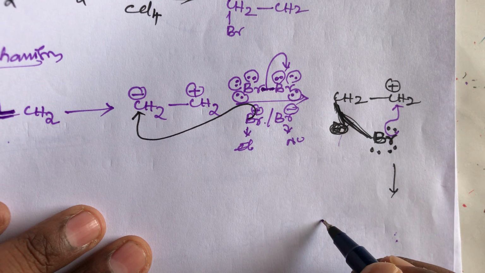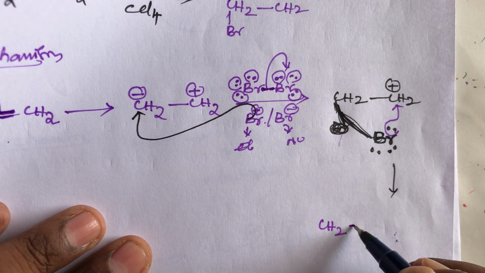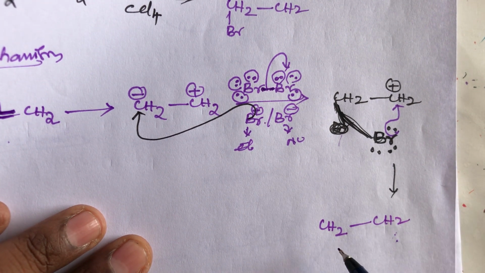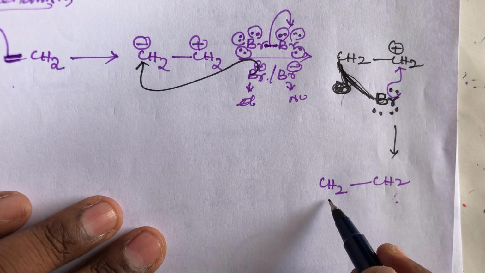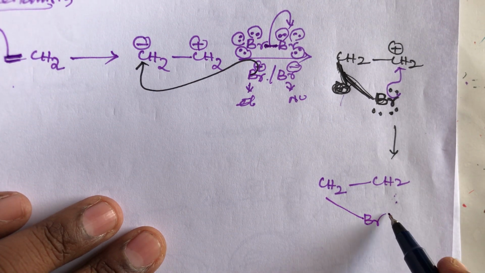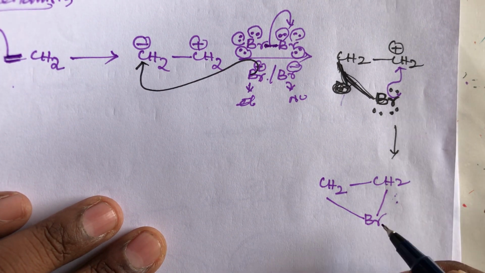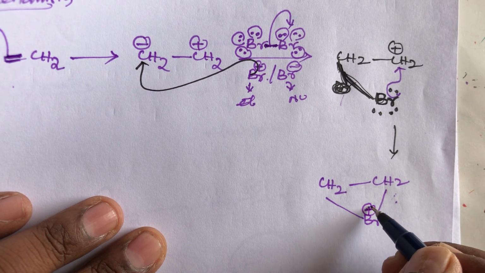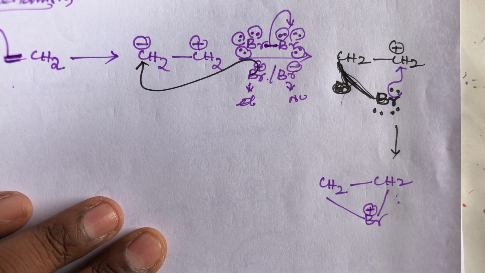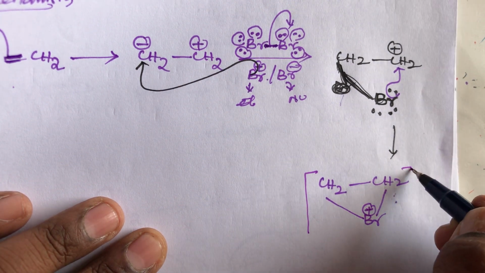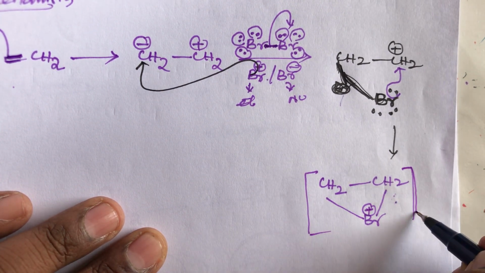We get the final intermediate product, CH2-CH2 with Br bridging, which is the cyclic bromonium ion. This is the intermediate compound.